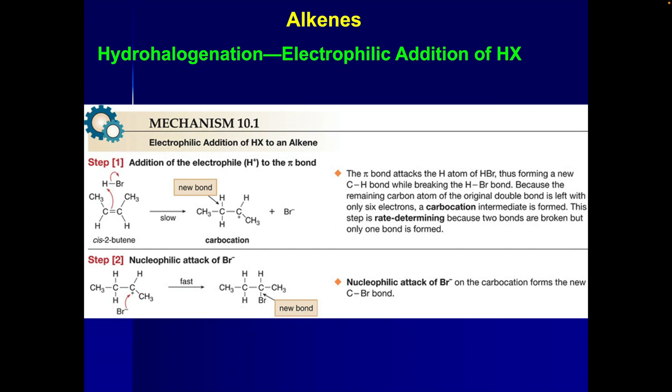Here's an example. We're going to add HBr across an alkene. And we're going to start off pretty simple. We're going to start off with this alkene. Name that for me, please. What's the parent?